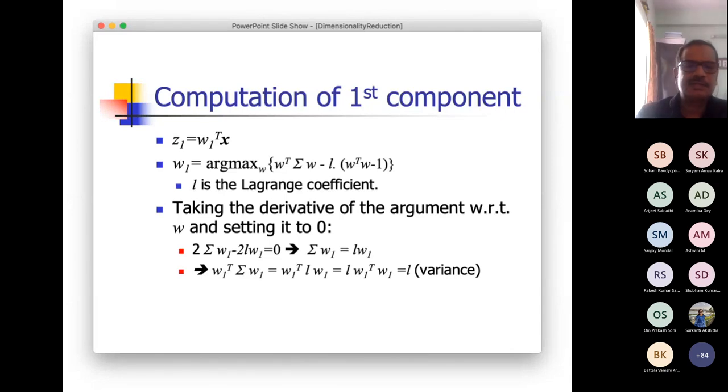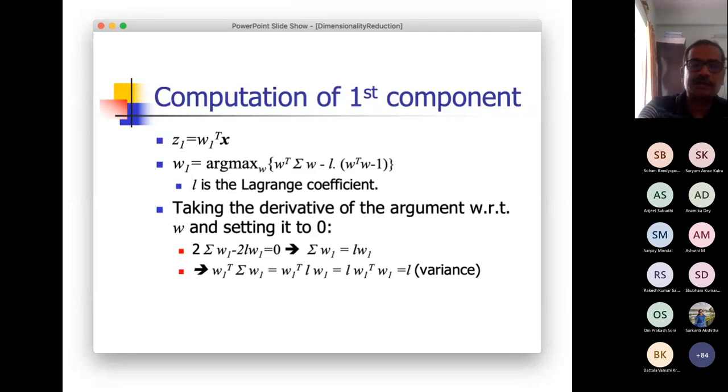So this equation tells you that the solution is an eigenvector. W1 is an eigenvector of the covariance matrix, and since the variance itself is lambda, we should consider the eigenvalue of that system which is maximum.